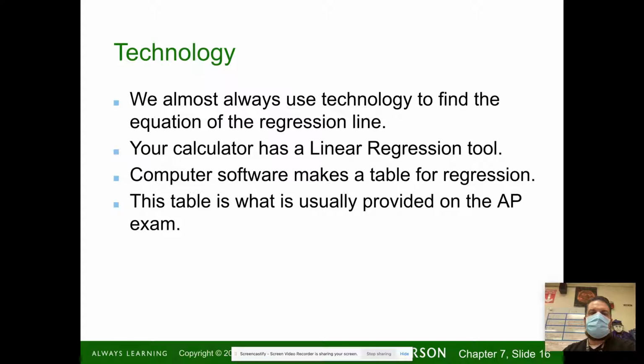So technology, we can do this on a calculator. I've shown you guys how to do that. I have a video posted in Canvas, but we could also use computer software. You could use Excel, but here at school we use Google, so Google Sheets has a program that you could use. It's built in.